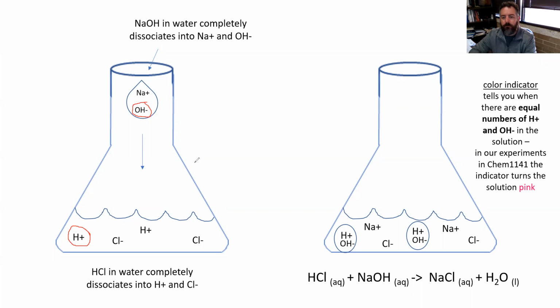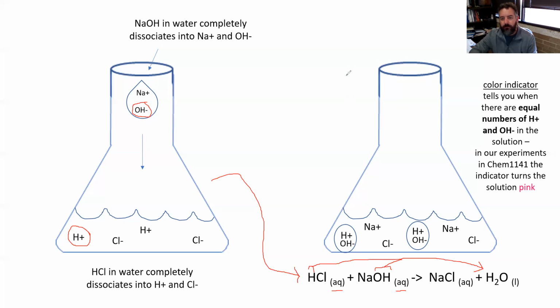When they do, they're going to form water. I've written that reaction down here. So aqueous hydrochloric acid plus aqueous sodium hydroxide is going to give you, from these hydroxides and that hydrogen, water.